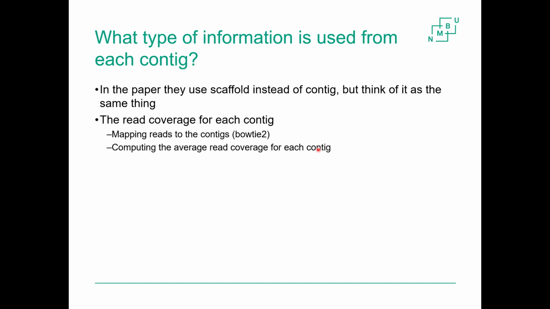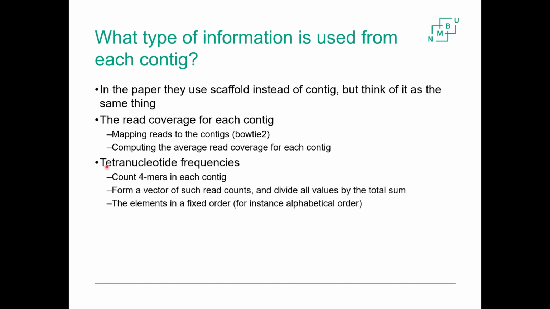It's not a guarantee though, because two different genomes can easily have the same coverage. But if contigs have wildly different coverage, they cannot come from the same genome. That's at least what we can say here.